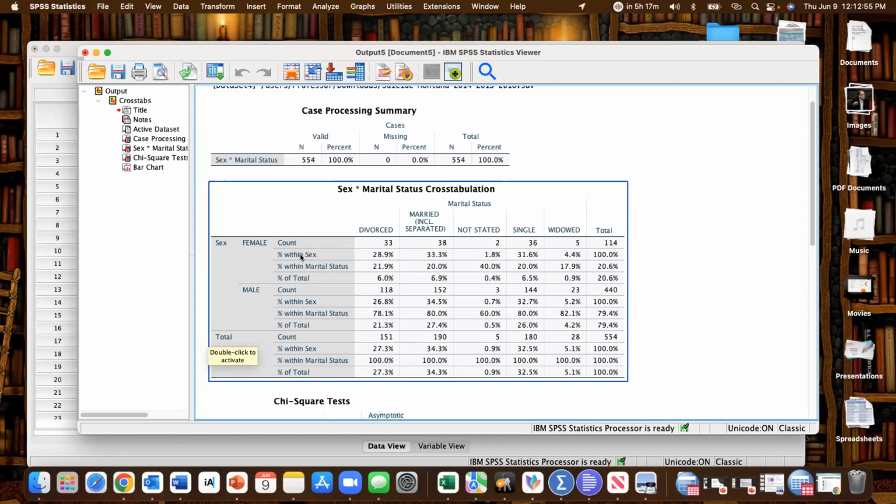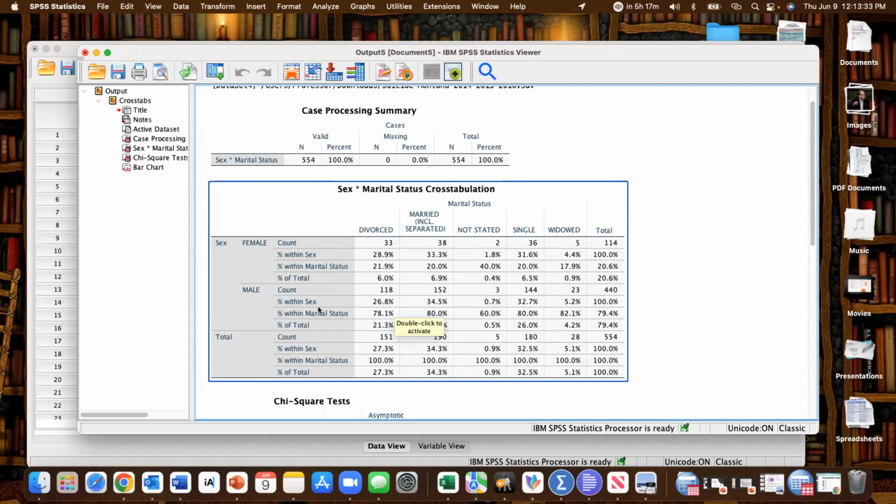Within sex means what percentage of females are divorced. It's 28.9. How many of the males were divorced at the time? It was 26.8. And this is where we get this 100% over here, because we add these up and that gives us our 100%.